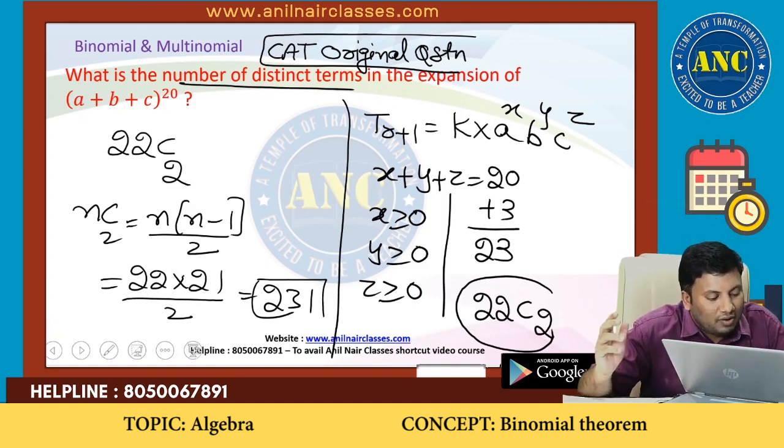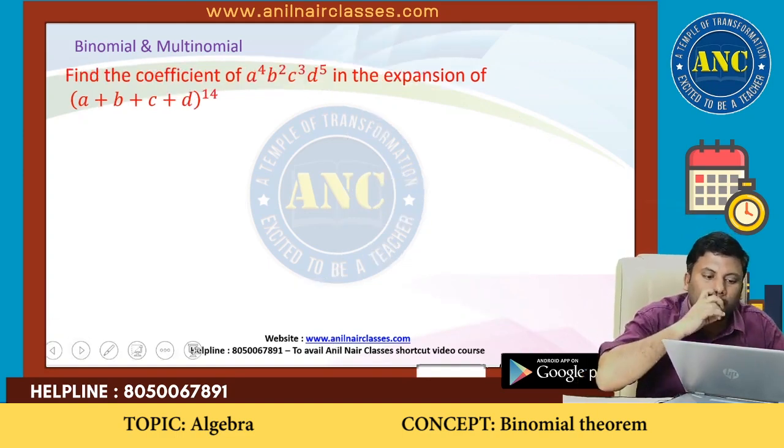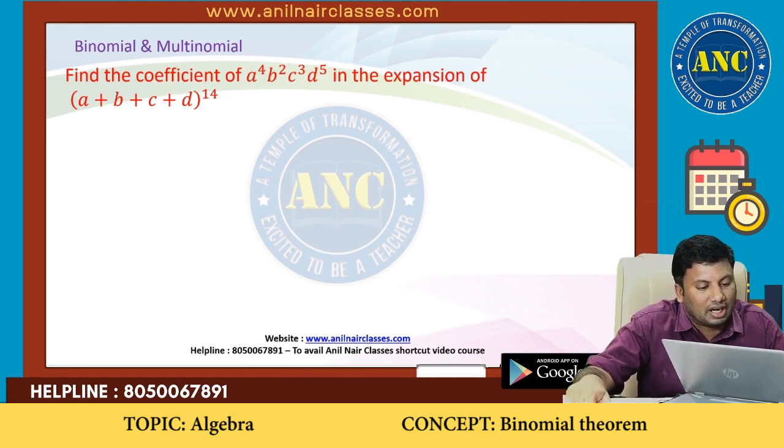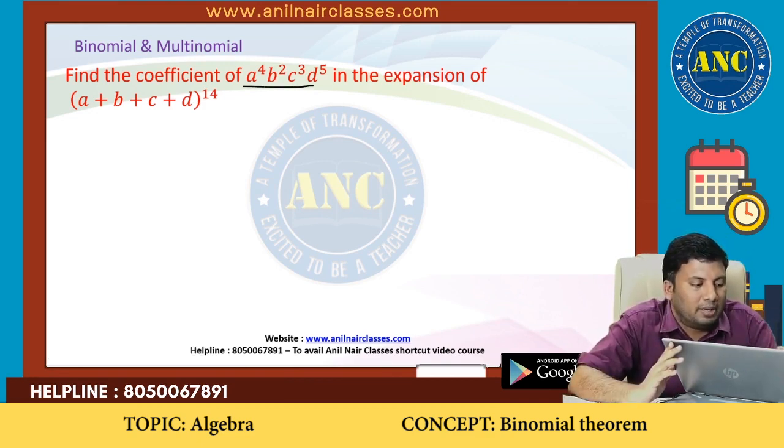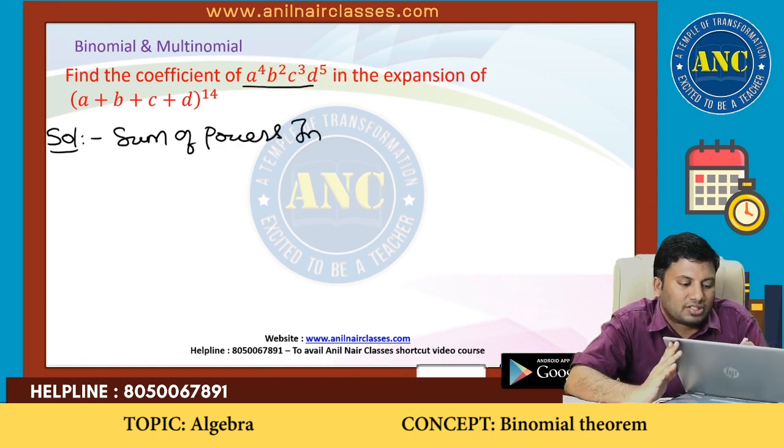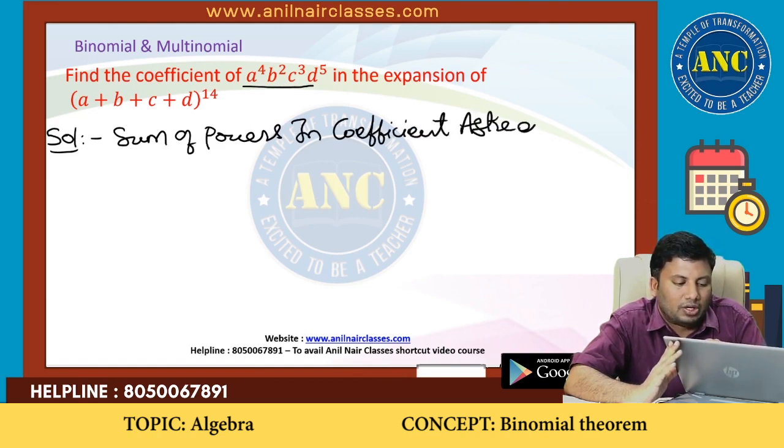This is level 1. Now level 2. Find the coefficient of a power 4, b power 2, c power 3, d power 5. First thing, the sum of the powers in the coefficient asked should be equivalent to the power of the expansion.